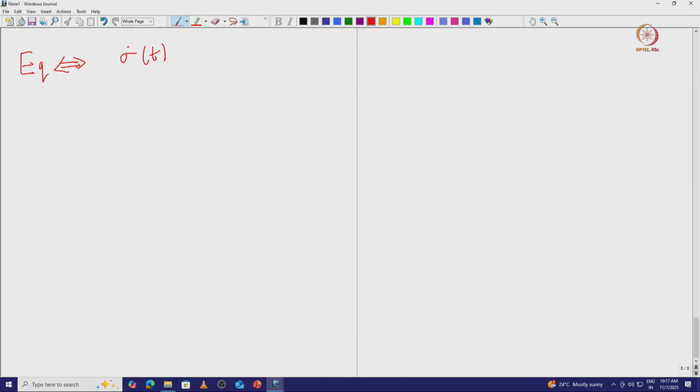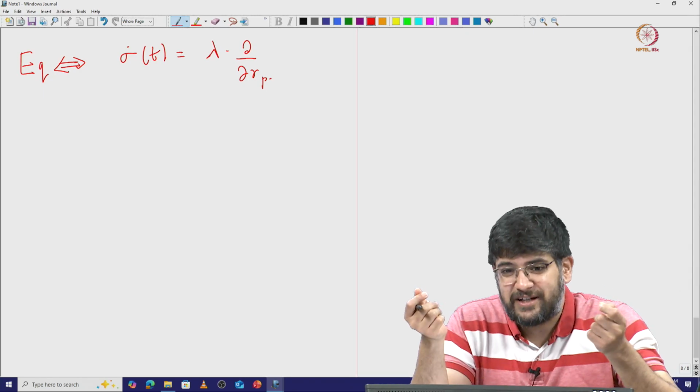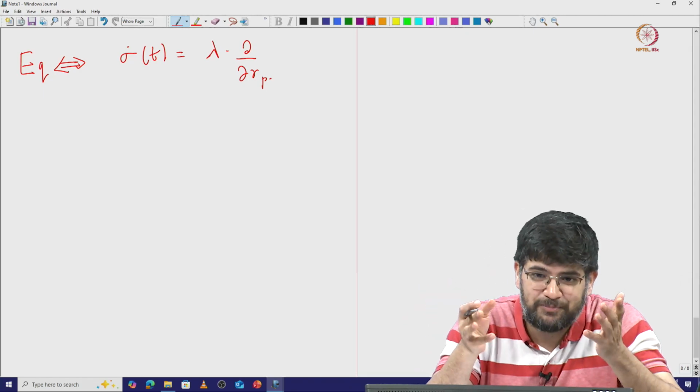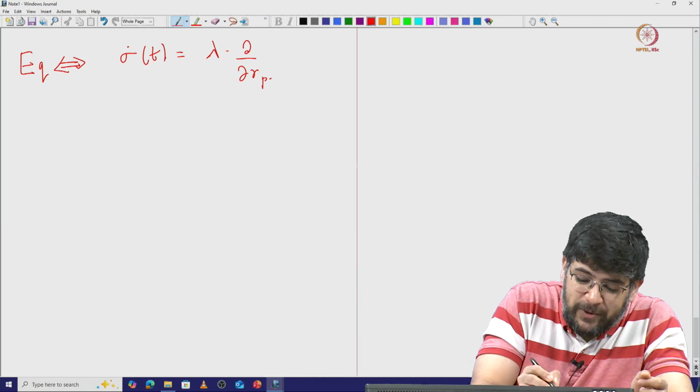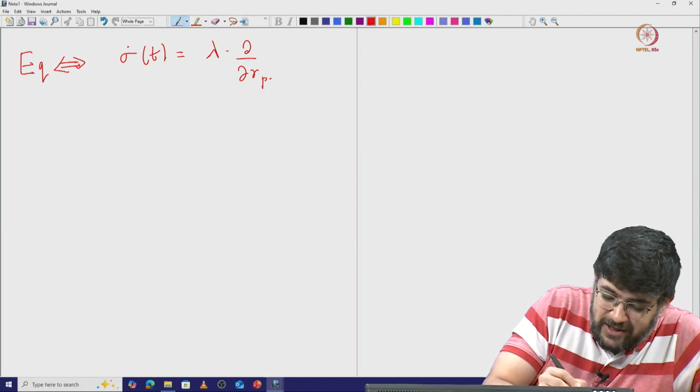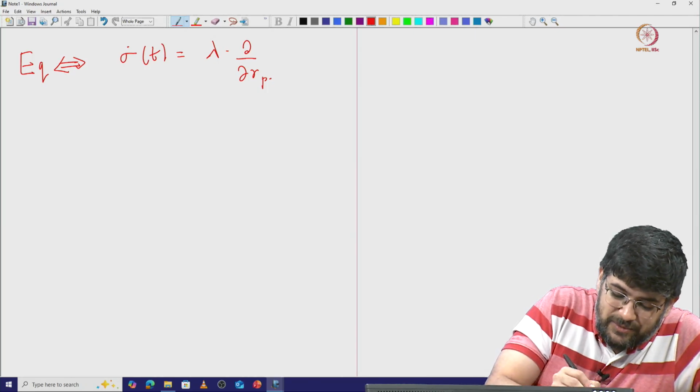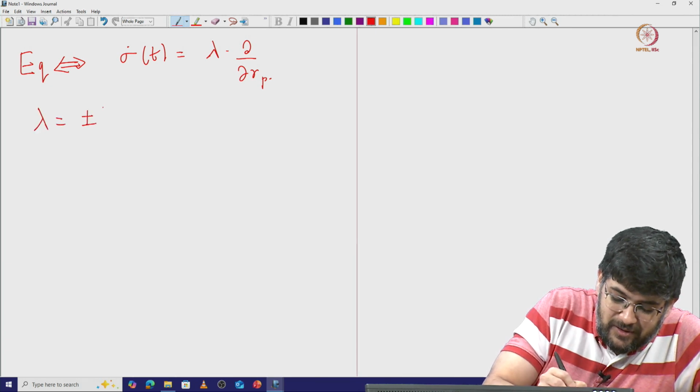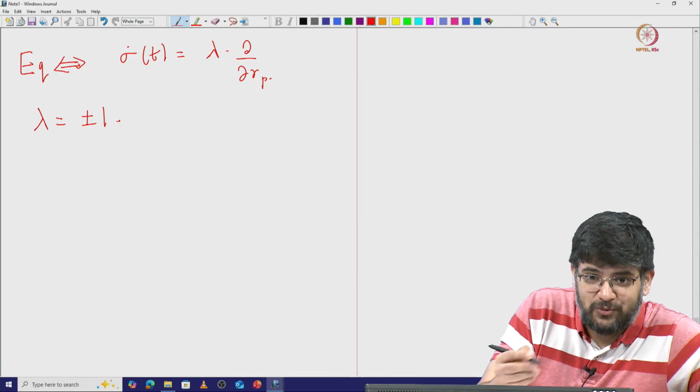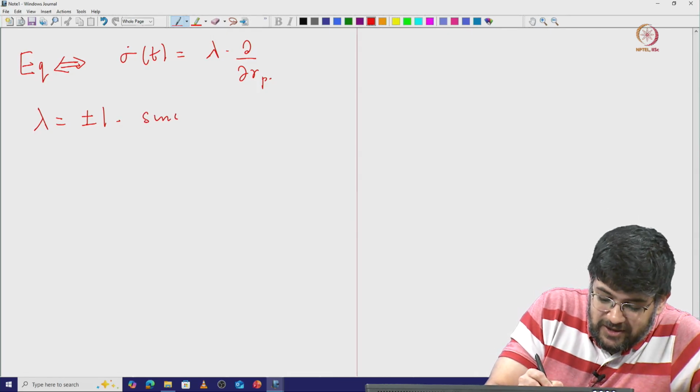sigma dot of t is lambda del by del rp. So then by possibly reversing the orientation, one can assume that lambda is positive. Also because the speed is 1, lambda is plus minus 1.